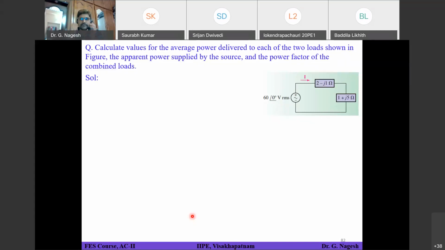What is the equivalent impedance Z? 3 plus 4J. Yeah, straight away adding these two, you can get 3 plus 4J.